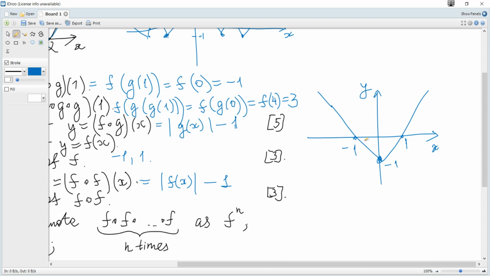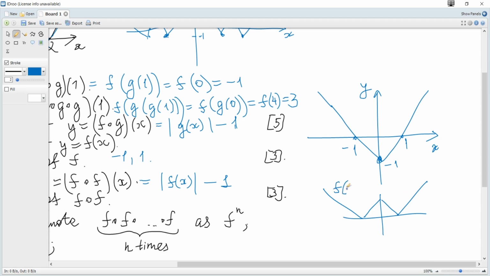So we need to reflect about the x-axis the part of the graph corresponding to negative values of y, so it becomes like this.